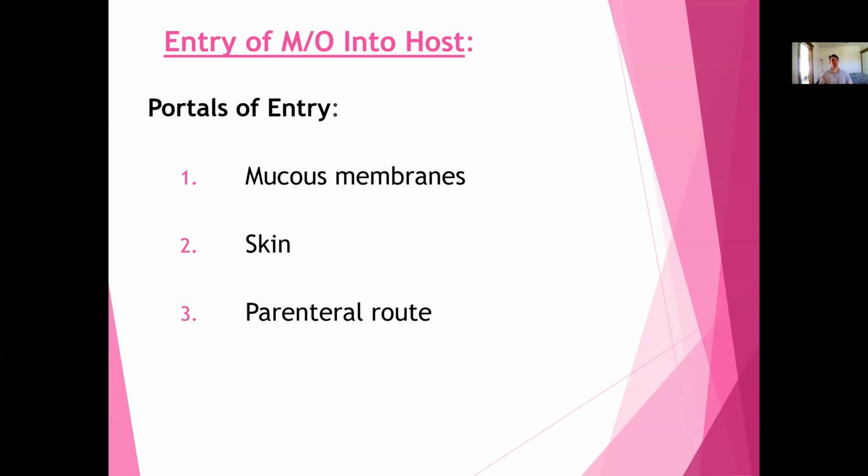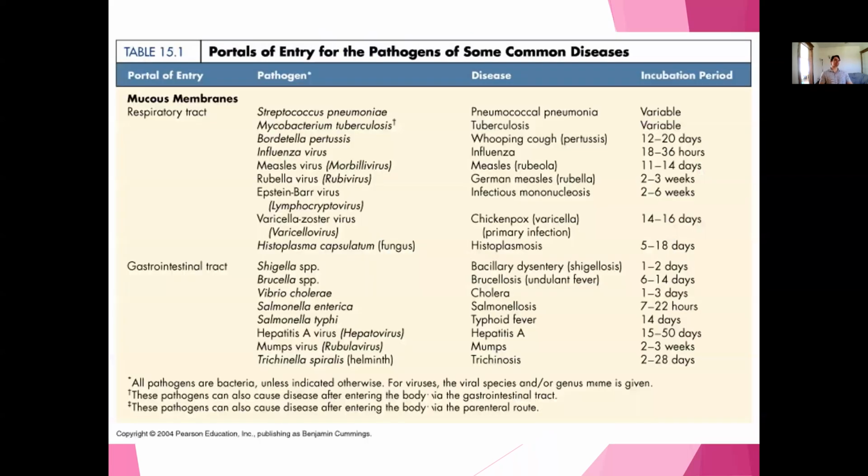So this is essentially anything like punctures, injections, bites, cuts, wounds, something that can result from surgery, or the splitting of the skin or mucous membrane due to swelling or drying can all establish these parenteral routes. Examples here include HIV, hepatitis viruses, and then bacteria that can cause tetanus and gangrene can all be transmitted through this parenteral route.